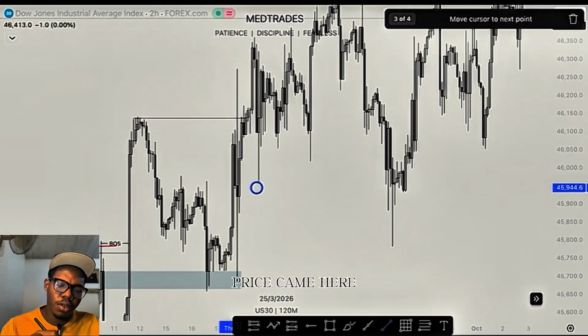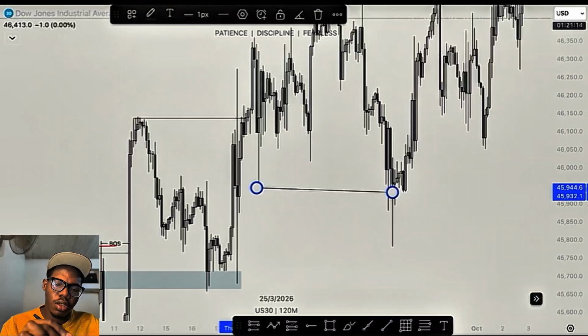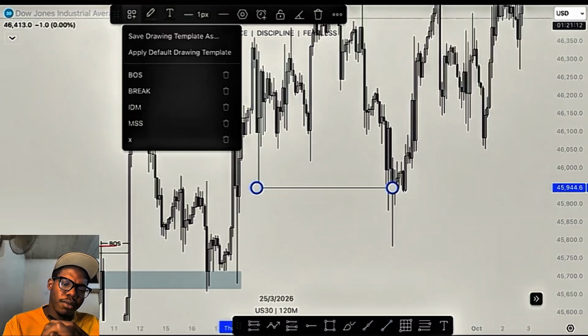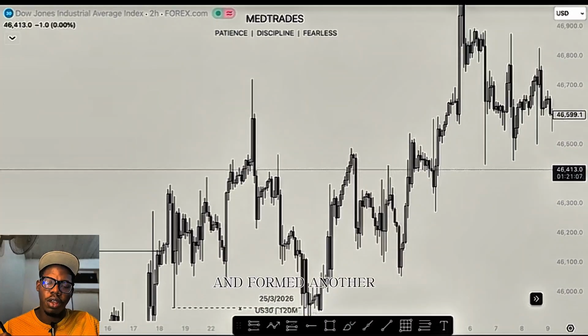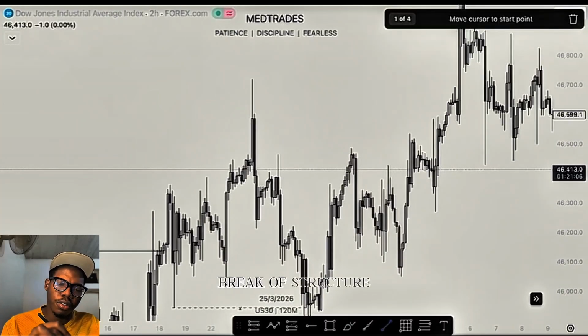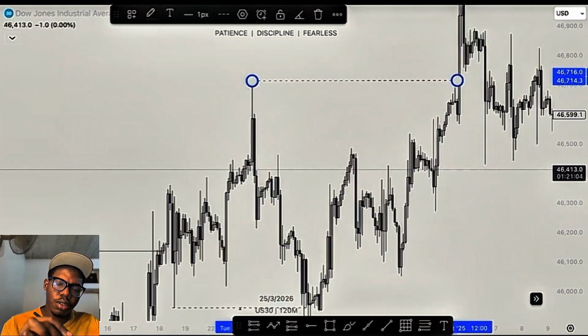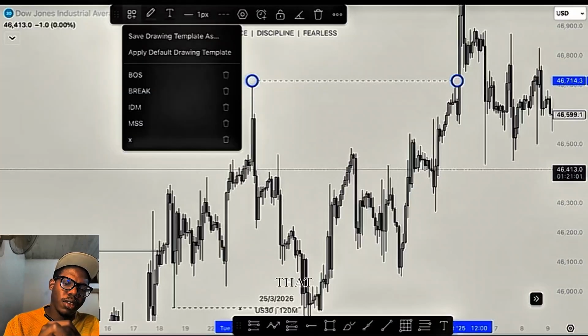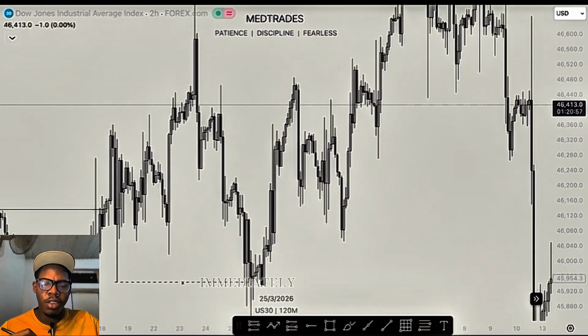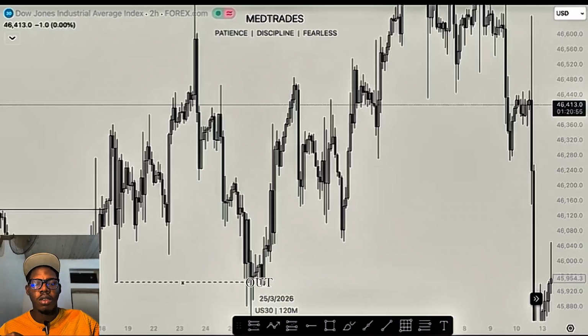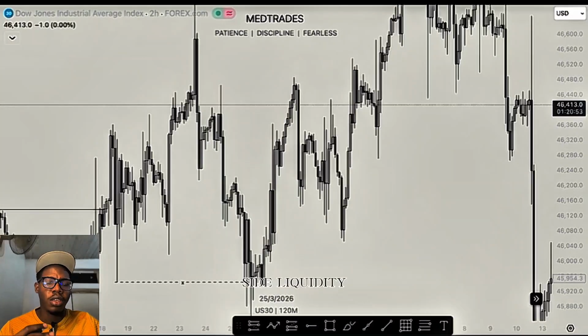Price came here, took out this liquidity, as you can see, and formed another breakout structure. Can you see that? Same thing. Basically, price takes out the sell side liquidity and pushes up for a buy.